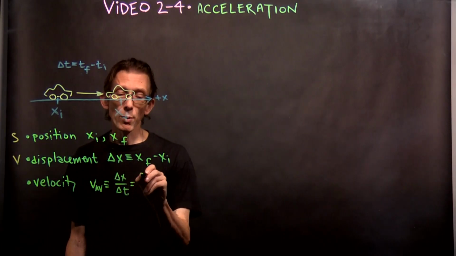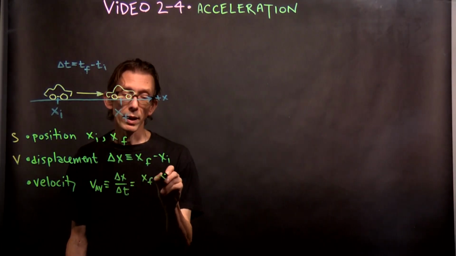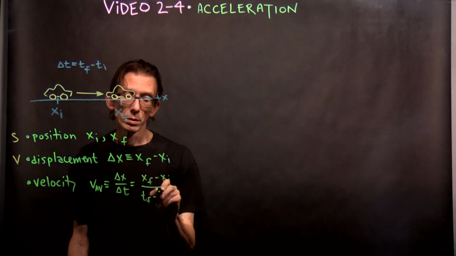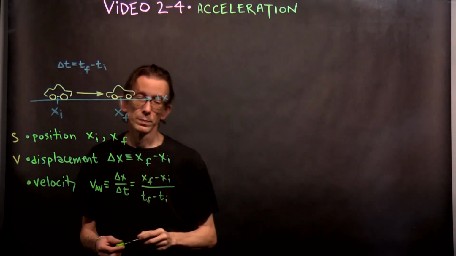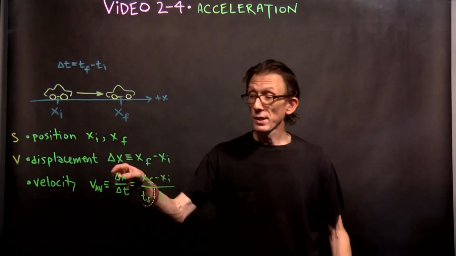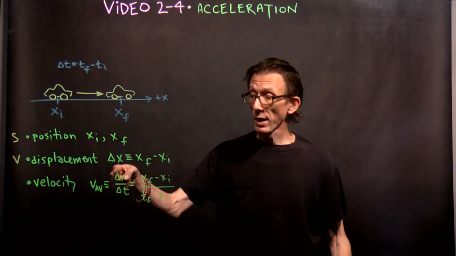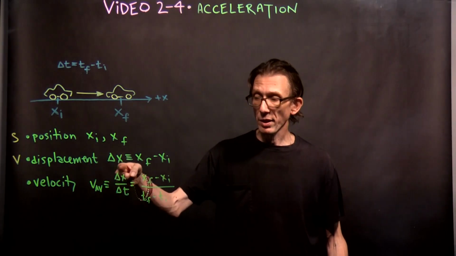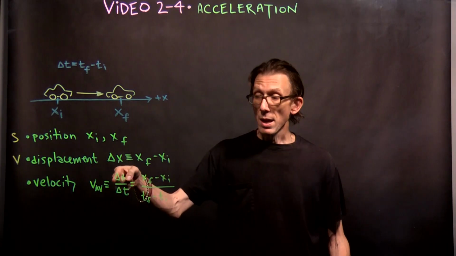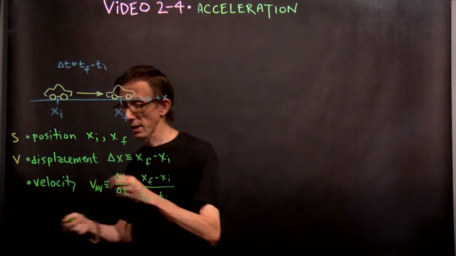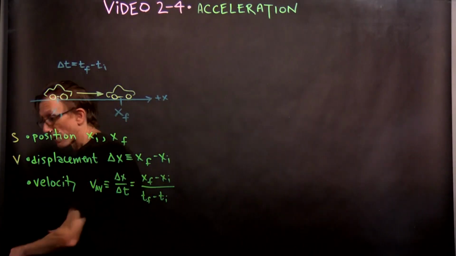It's not really necessary, but we could unpack this more, break it down into our simplest possible terms here, like that. And because displacement, see, displacement delta x shows up right there in the definition of velocity, average velocity in this case. If delta x is a vector, then so is the velocity. So the velocity, like the displacement, is a vector.